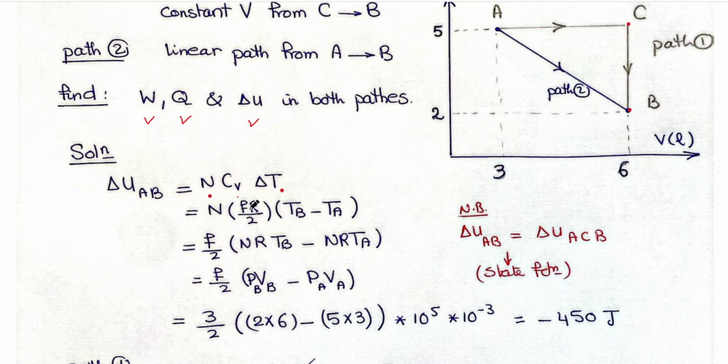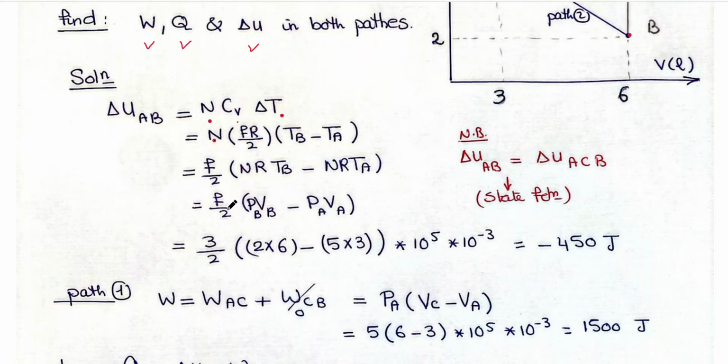We will substitute in the equation of the change in internal energy, n Cv delta T. Cv is FR over 2 and delta T is T final minus T initial, so I will write it Tb minus Ta. Now I will multiply n and R inside this bracket, and I will leave F over 2 outside the bracket as a common factor.